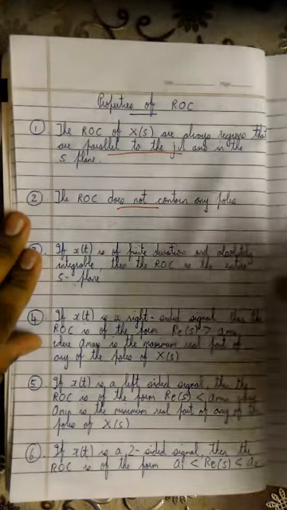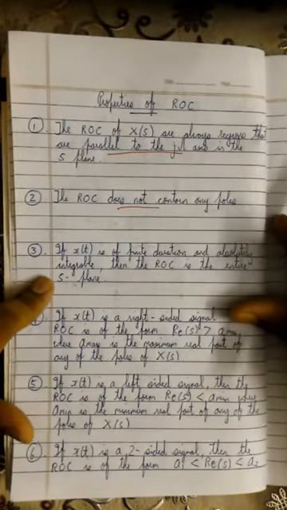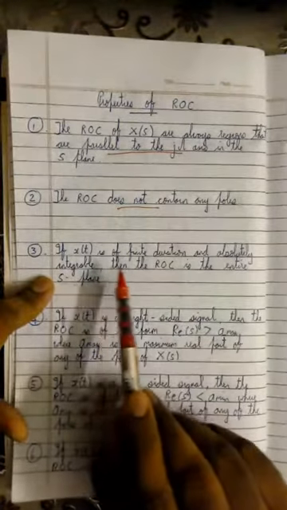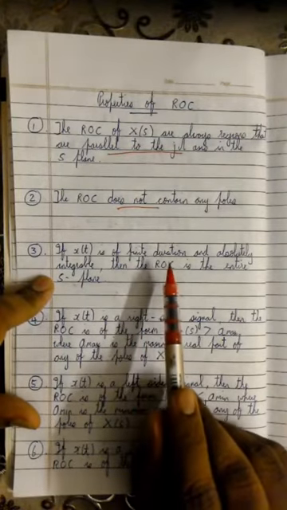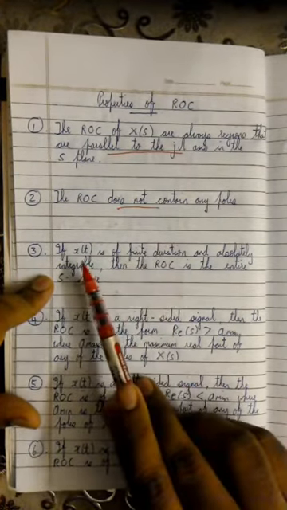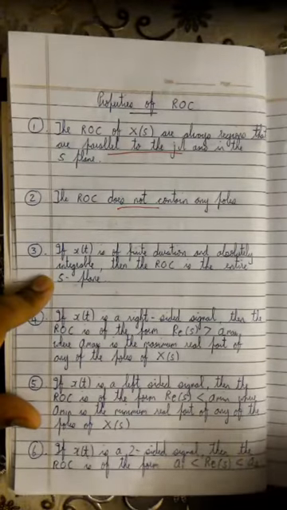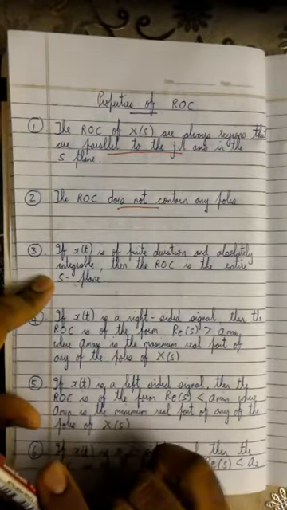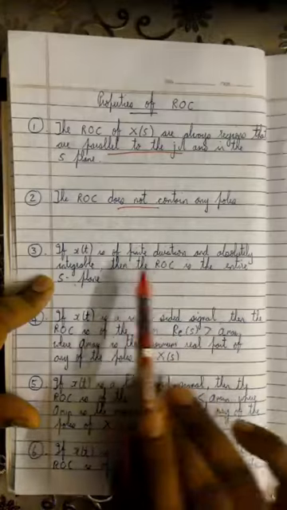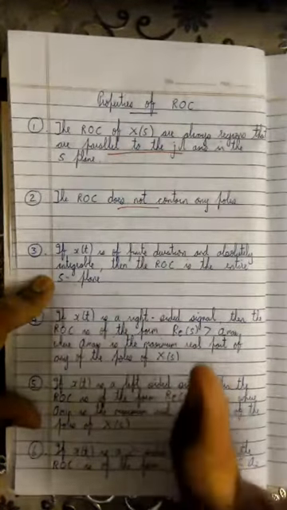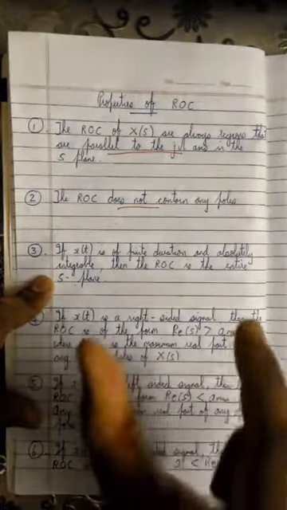Now if you look at the third property, if x(t) is of finite duration, that means x(t) is 0 when t is plus infinity and x(t) is 0 when t is minus infinity. That is called finite duration, which means it is limited to a particular time.